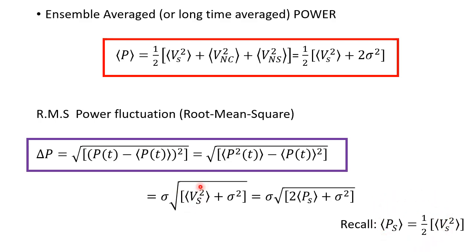That comes in here, and then sigma square you get from these averages that are coming out from both VNC square and VNS square, times sigma. I urge you to do the calculation and convince yourself that this is indeed the result when you put in the above formulation. Now let us look at it a little pictorially, and that is what I will show you in the next slide.